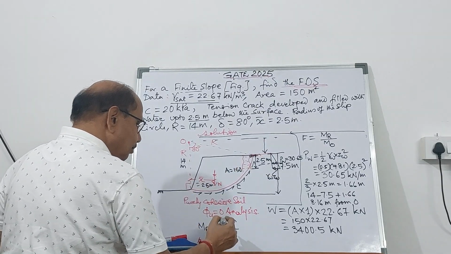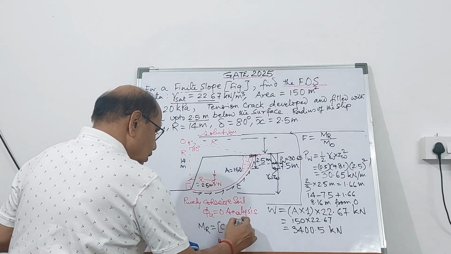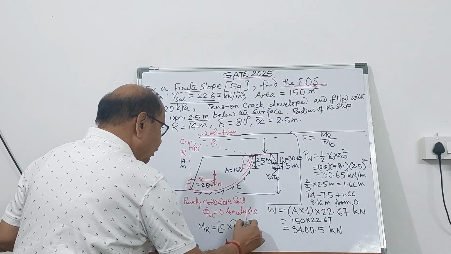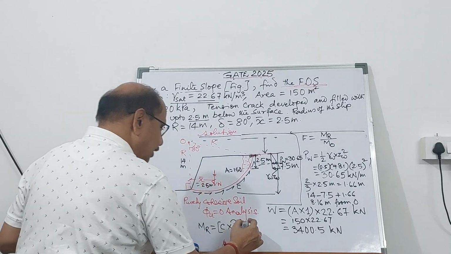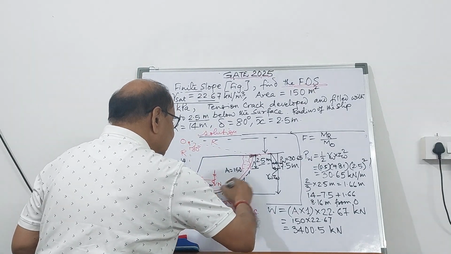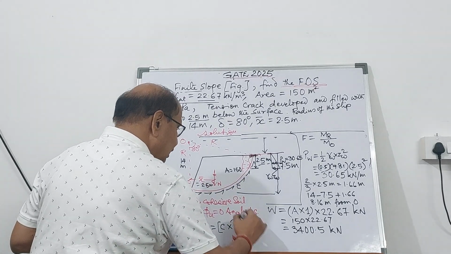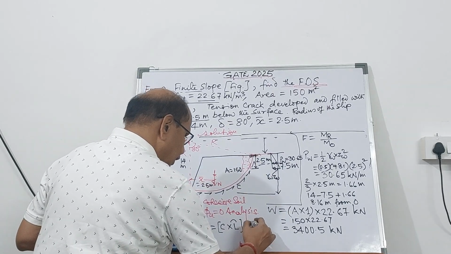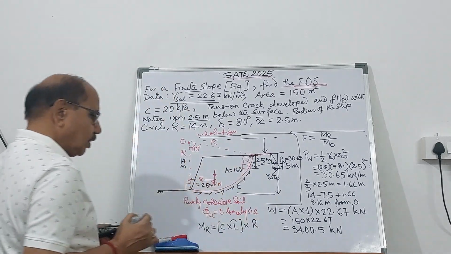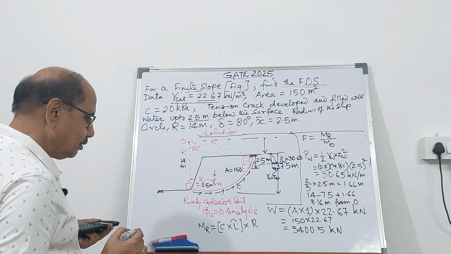That becomes the force, multiplied by the radius about the center of rotation. Whatever force is there, the net force C into L arc, that is going to act, multiplied by the radius of this slip circle.